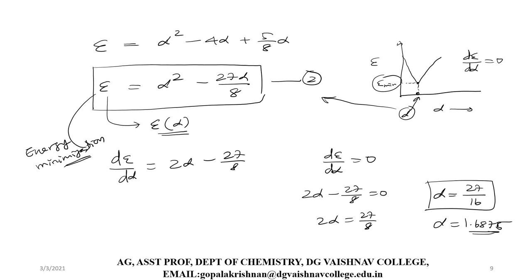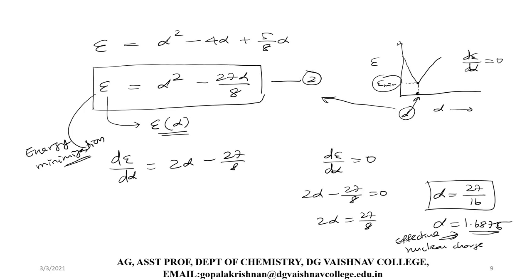The 2 electrons do not feel the charge plus 2, they feel only 1.6875 charge, which is called the effective nuclear charge of helium atom.